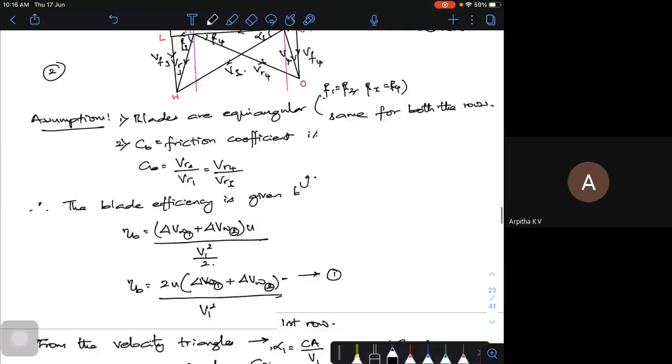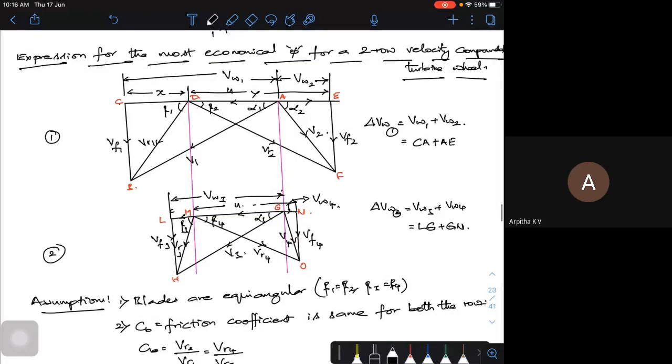Now similarly, what is cos beta 1? Cos beta 1 is equal to CD or DC by VR1. What is this DC?